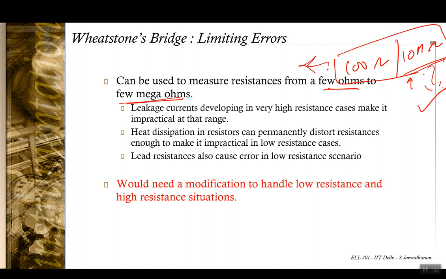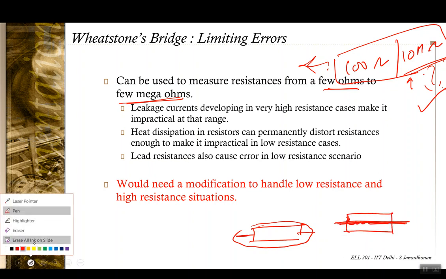Because when you have higher values, instead of the lead resistance being significant, the insulators that are used in the system, their resistance becomes a factor. So let me draw it properly.